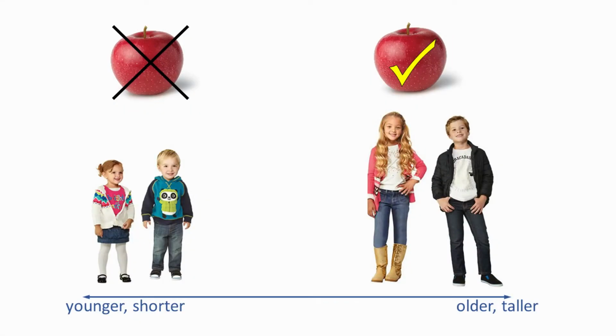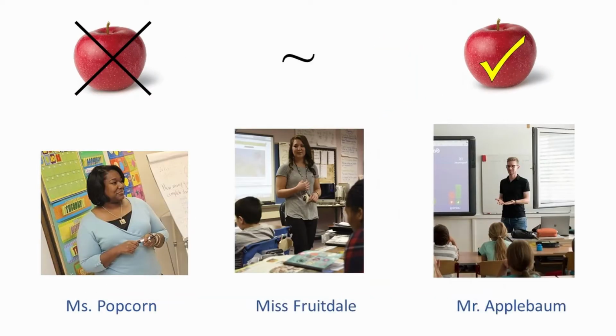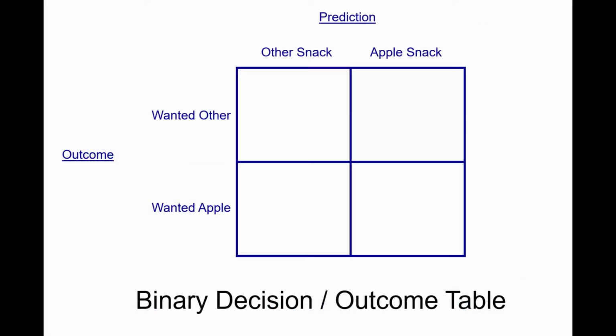To help you decide, you predict which kind of snack each kid likes based on some rules of thumb. Older kids tend to like apples, while younger kids do not. Taller kids like apples, while shorter kids don't. Kids in Mr. Applebaum's class tend to prefer apples, while kids in Ms. Popcorn's class want something else. There is no hard and fast rule, just an educated guess.